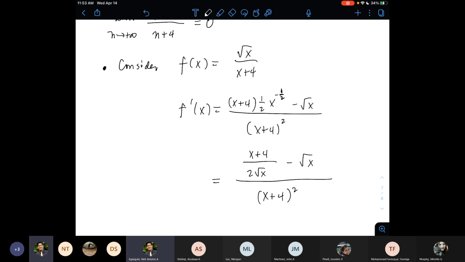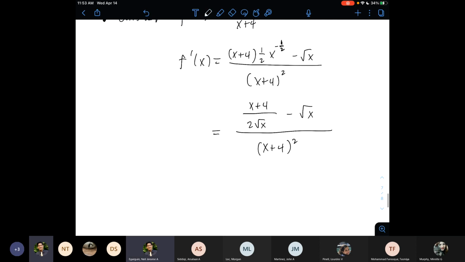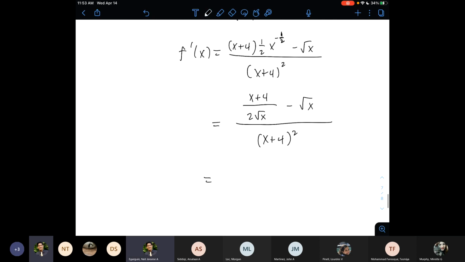Did I take the derivative properly? Low squared, low derivative of the high minus high derivative of the low. Okay, maybe a little bit more work will give us this. Simplify the numerator. I'll have 2x all over 2 root x over x plus 4 quantity squared.